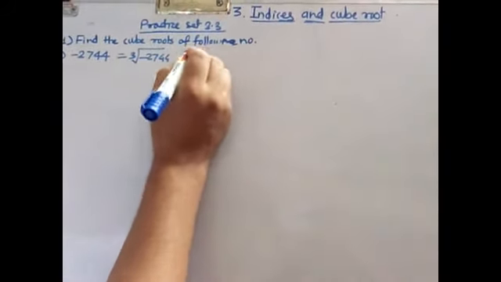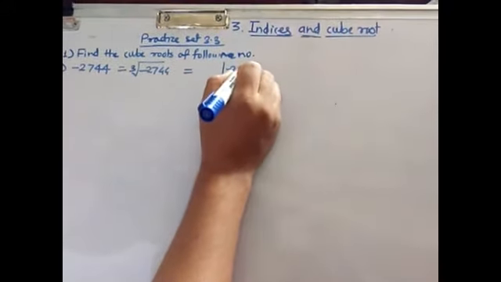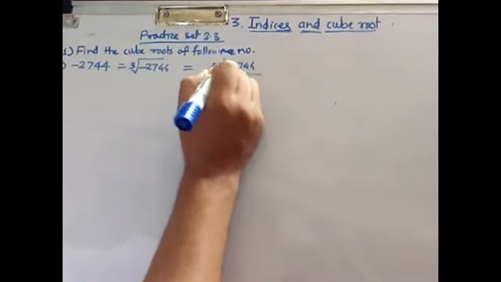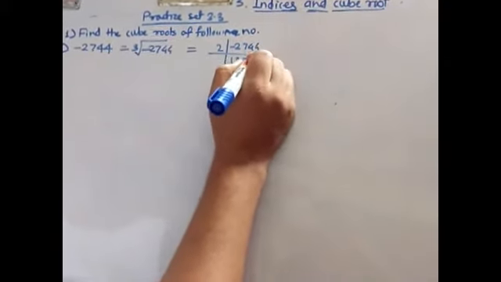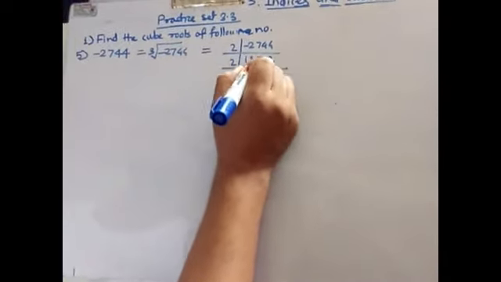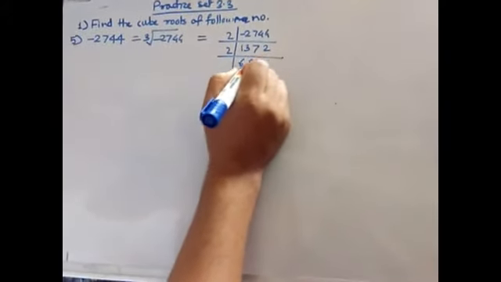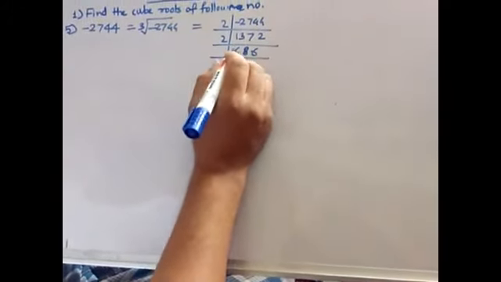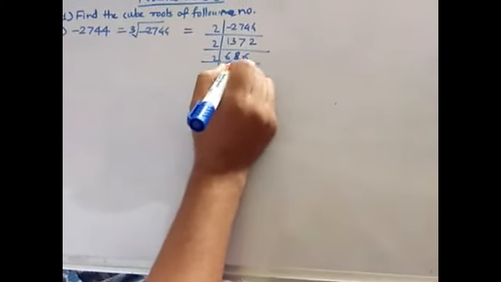First of all we divide this number by 2. 13 2s are 26, and 7 2s are 14, and 2 2s are 4, and again 6 2s are 12, remaining 1, then 8 2s are 16, remaining 1, then 6 2s are 12, so 686, and again 3 2s are 6, and 4 2s are 8, and 3 2s are 6.